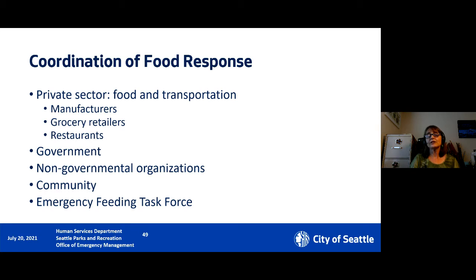We did during COVID form an emergency feeding task force, and there were private, non-governmental, and governmental agencies all participating on the task force. These task forces are also echoed on up at the state and federal level, so they're also coordinating at all levels.